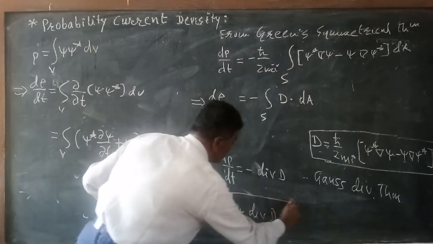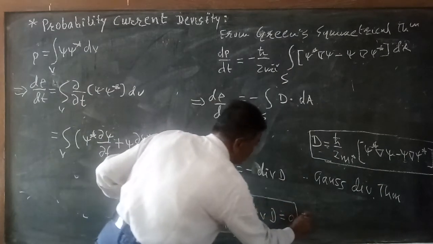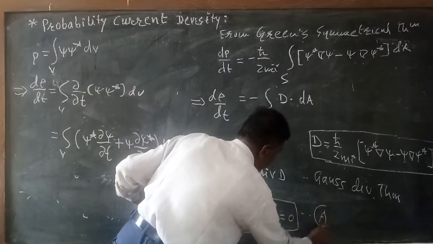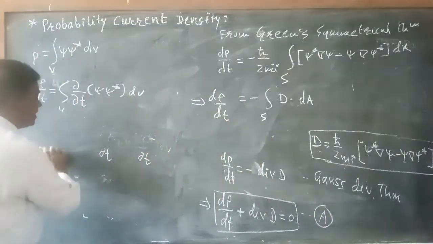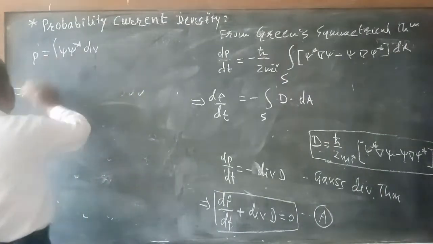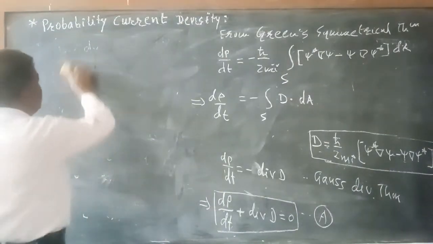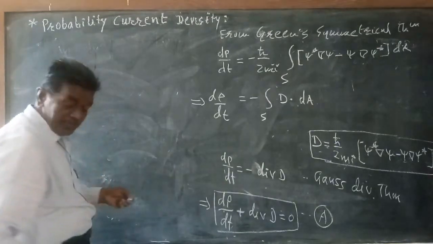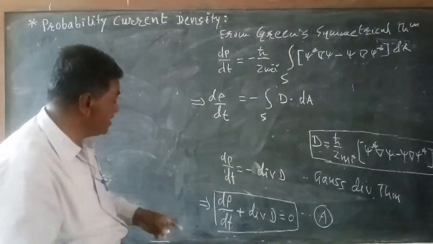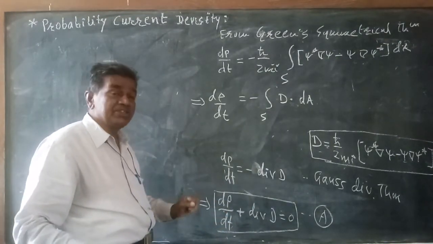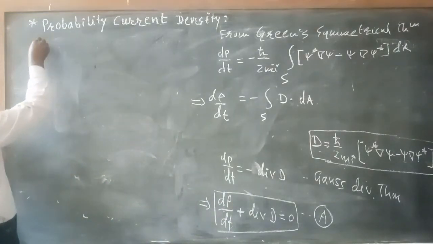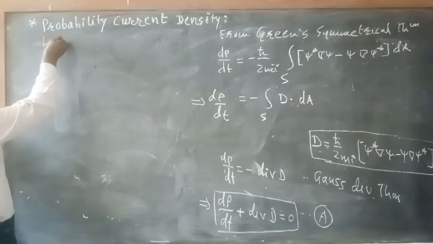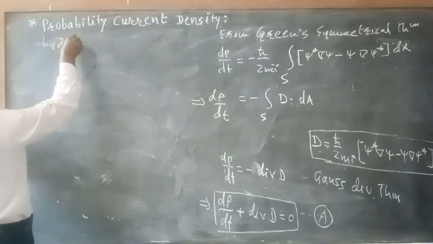Suppose this is equation number A. So by mathematical treatment, starting with Schrodinger's time dependent wave equation, we arrive at the important equation dP by dt plus divergence of D equal to 0.